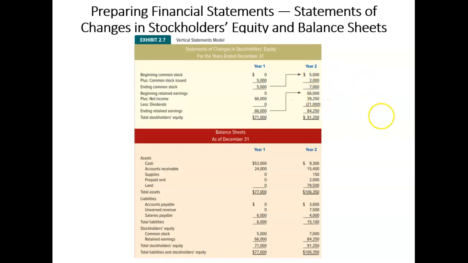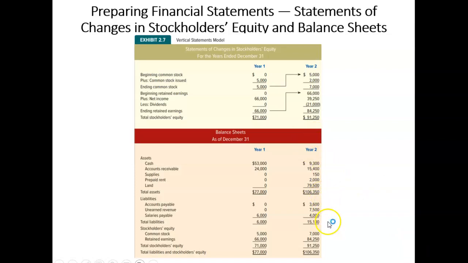This was the net income earned in year 2 from the income statement. We paid $21,000 out in dividends. So your ending retained earnings was $84,250. Common stock $7,000. Total equity was $91,250.